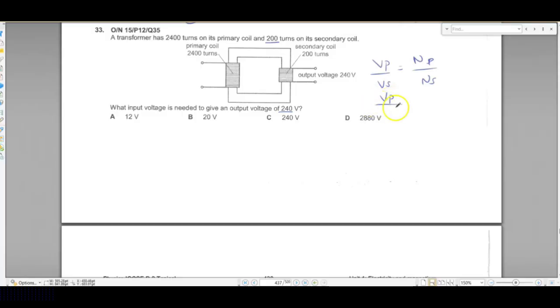Vp over 240 is equal to Np is 2400 turns and Ns is 200 turns. So Vp is going to be 2880 volts. Okay. So D is the correct option.